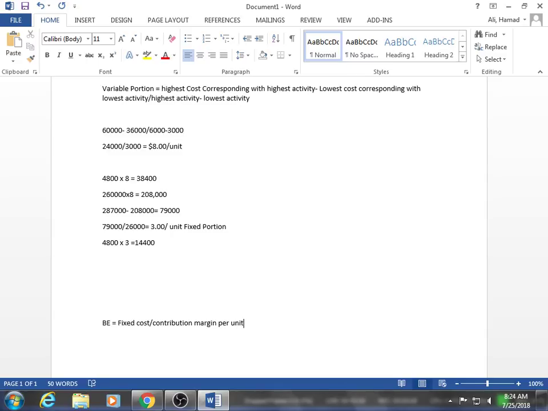All right. So how much is the total fixed cost? Be careful. It says the company anticipates fixed manufacturing cost of 205,000 and fixed general admin is 80,000.